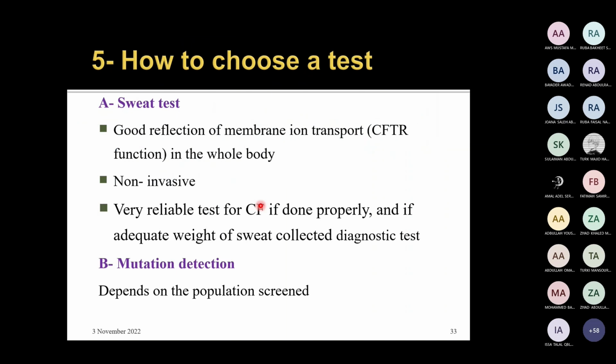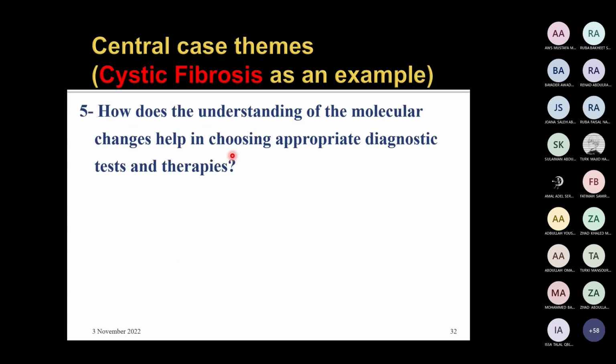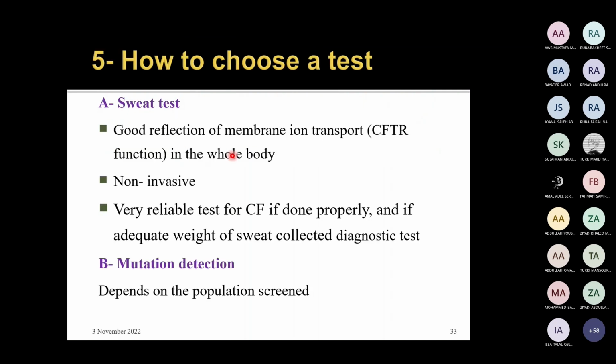So the first thing you learned this week about diagnosing such a patient is the sweat test. And the sweat test is mainly resting on understanding that the cystic fibrosis patient is not able to absorb all the sodium from the sweat as a normal patient does.